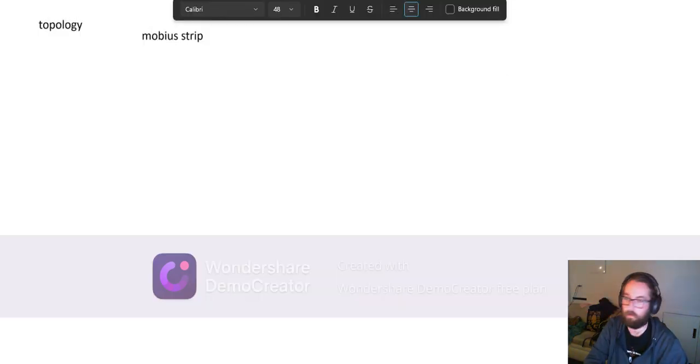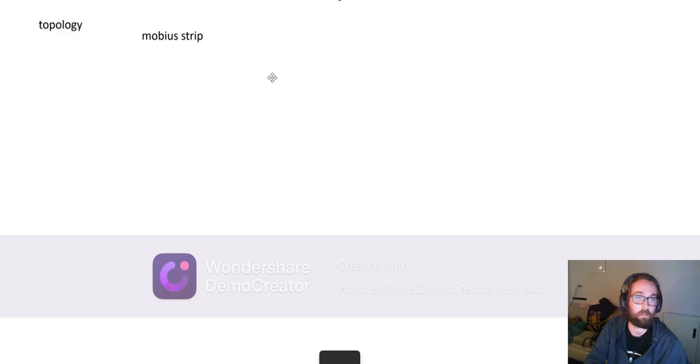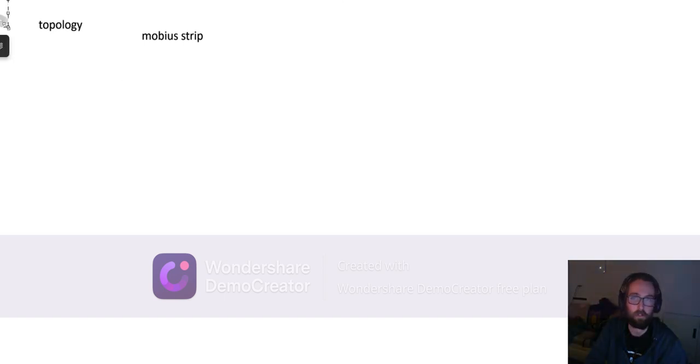It's hard to see these shapes, it's hard to appreciate what they are unless you can look at them. So let me just paste my shape. Copy. Paste. Here it is. Cool.